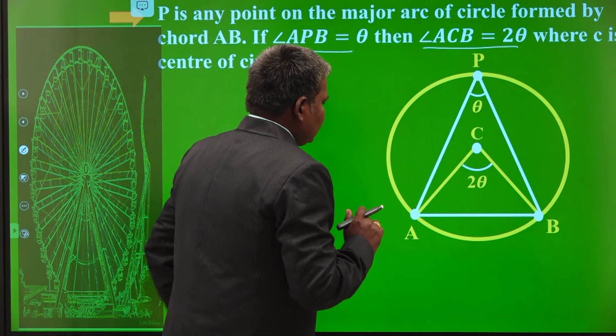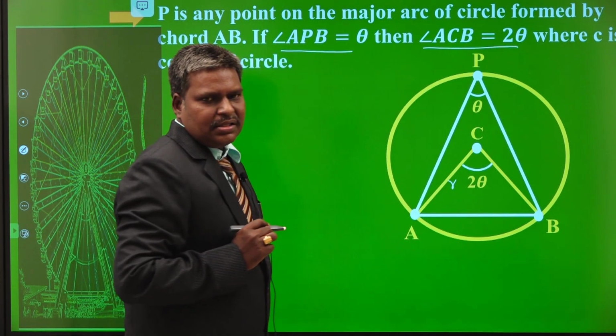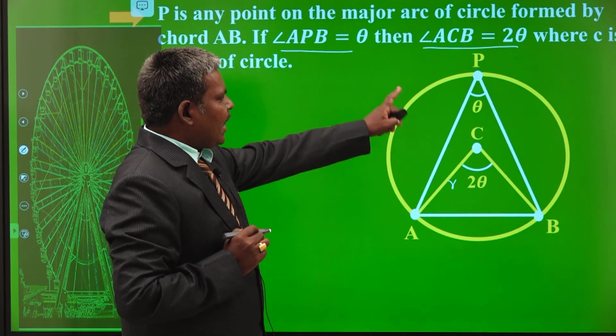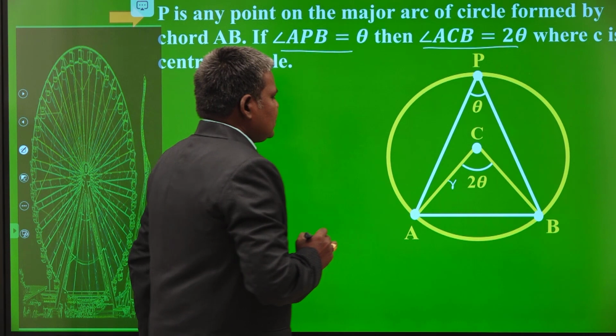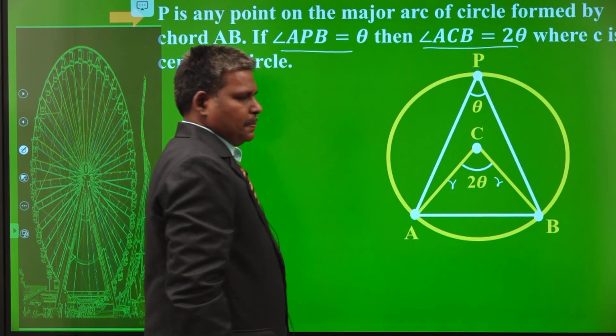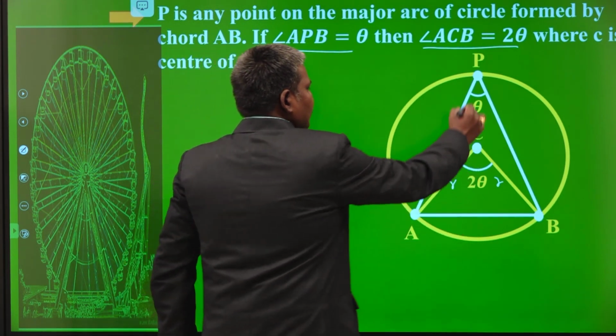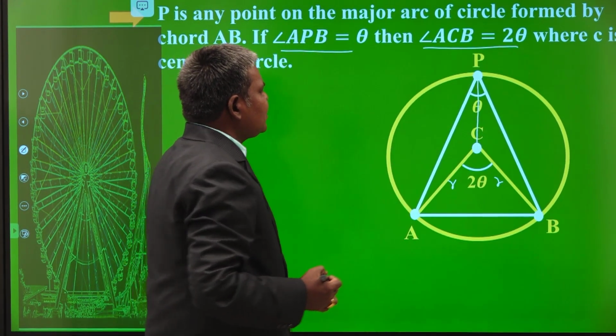See here, what is this? Is it a radius or not? Yes, it is a radius. Listen carefully. By the diagram itself, I am going to prove this one as 2 theta. This is a radius. This is also a radius of the circle. Now join C to P. My question is, is it a radius or not?